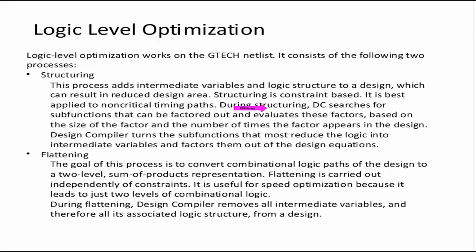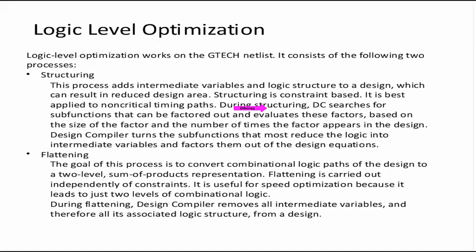It will not be flattened. Why? Because for almost all designs, the majority of the parts are non-critical. Let's say 5% of the parts will be timing critical and 95% will not be timing critical. All those 95% will get the advantage of structuring.